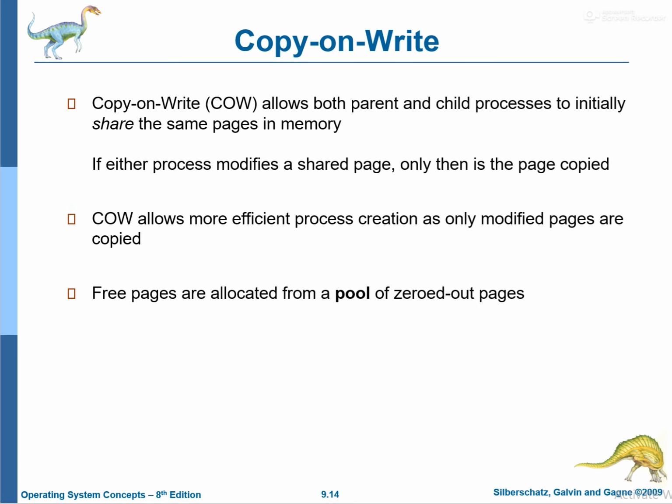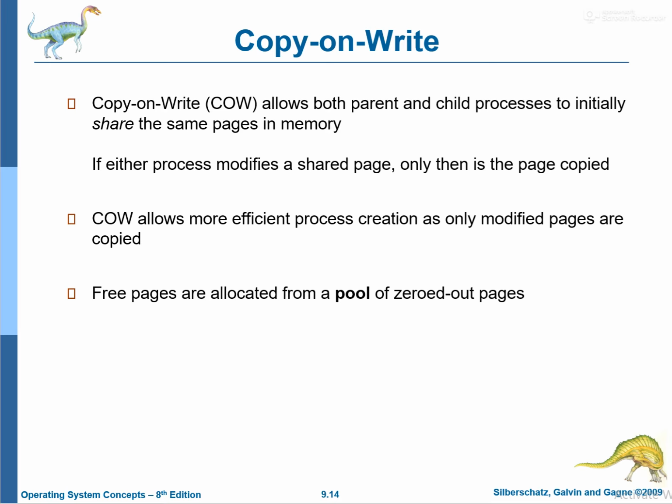We know that we create a process using the fork system call. When we use the fork system call, it creates a child process, and that child process is a duplicate of its parent. So fork works by creating a copy of the parent address space for the child. It will duplicate all the pages that belong to the parent.